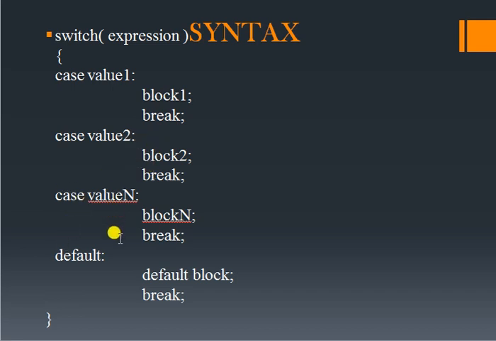Continuing like that, if all values are not equal to the expression, then we reach the default option. Then the default block will be executed, and we go out of the switch statement. So this is the syntax of the switch statement. You have to put the dots here because value 2, value 3, and so on up to value n will go like that.